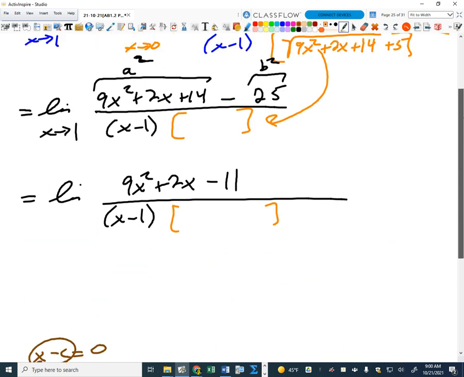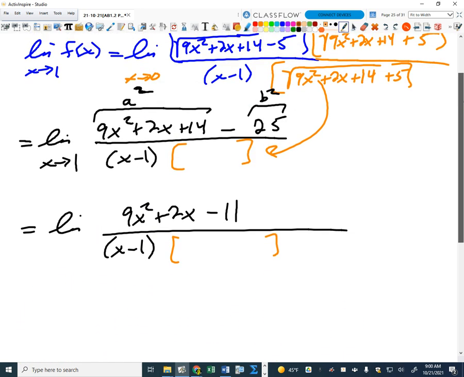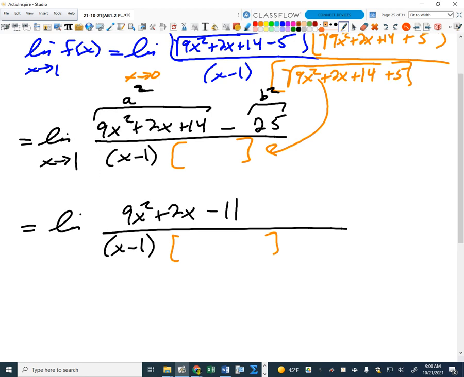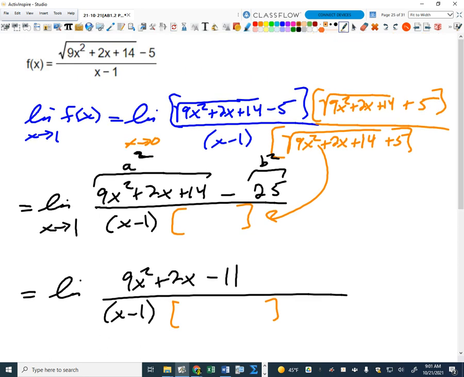Okay, so let's use that reminder to factor the top easily. What's one factor of the top guaranteed? What's the whole point of doing this? Why were we doing this rationalizing technique in the first place? To cancel the x minus 1s, right?